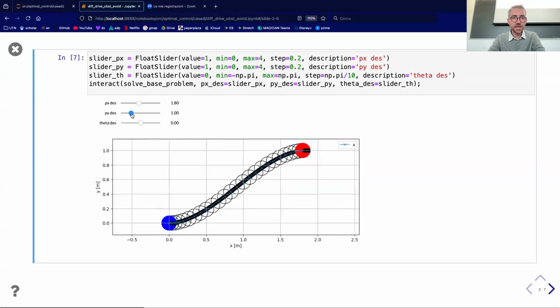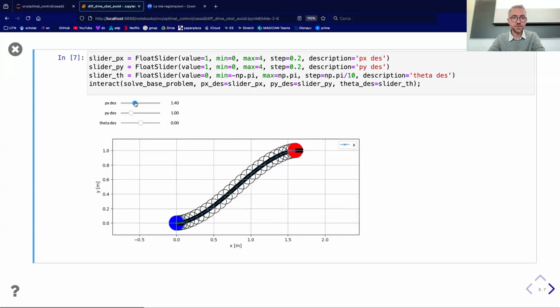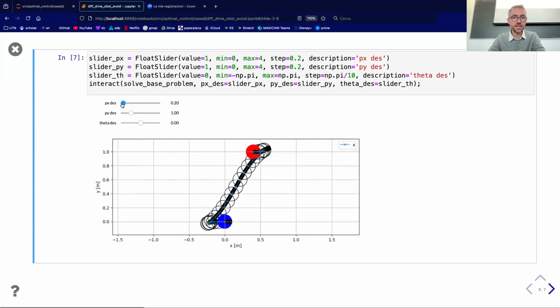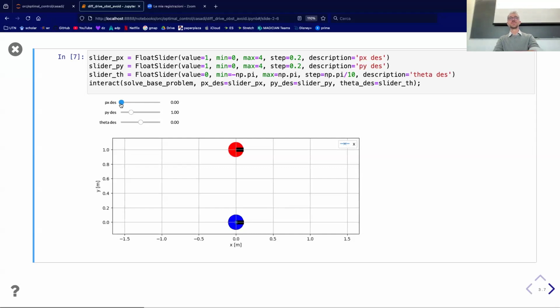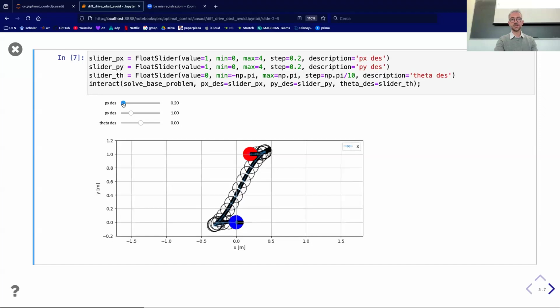Let's look instead at what happens if I move the desired final state there. If the desired final state is there, the solution is okay. It's a bit convoluted.